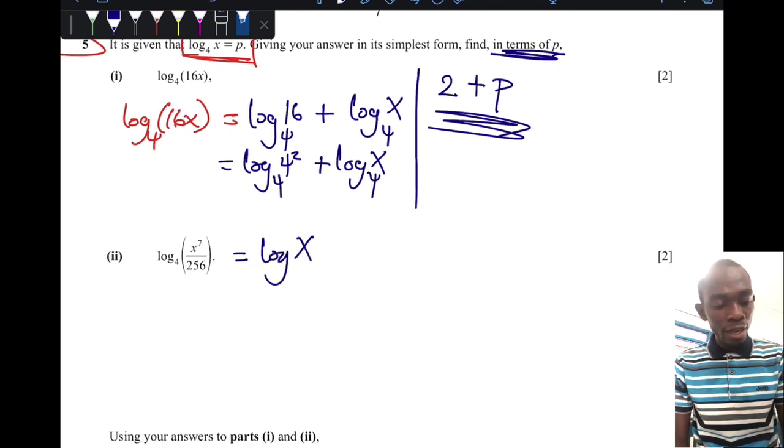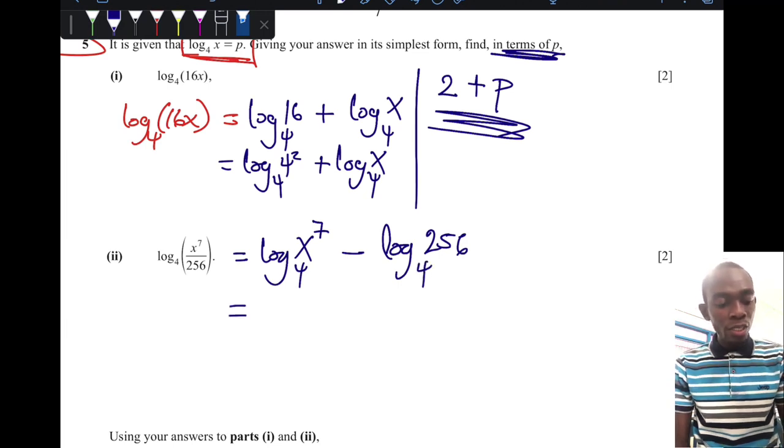So you have log x to the power 7 base 4 minus log 256 base 4. Okay, now the 7 here will come back right down here. So we are going to have 7 log x base 4. Now think of 256. You see, it has a base 4.